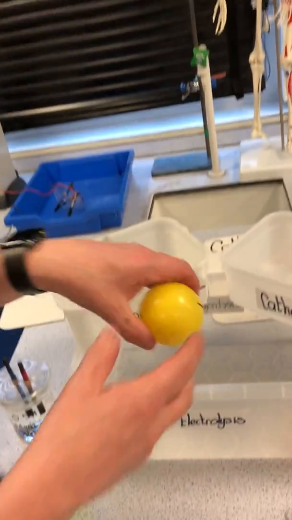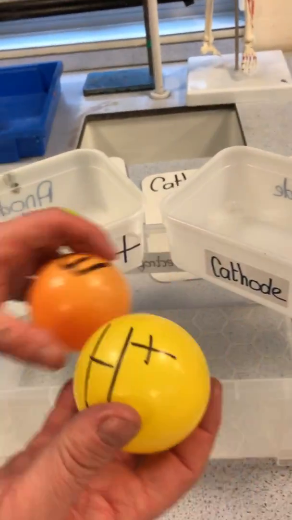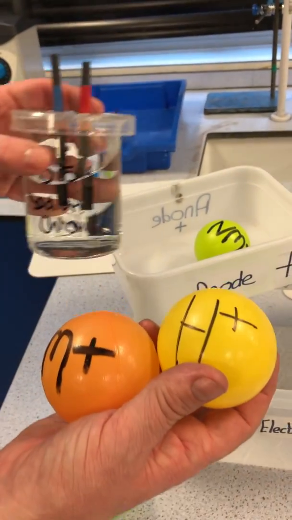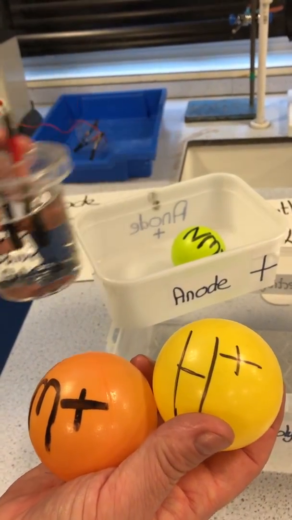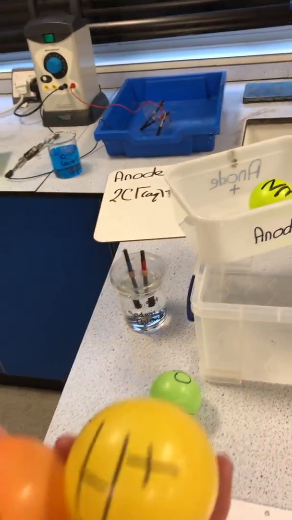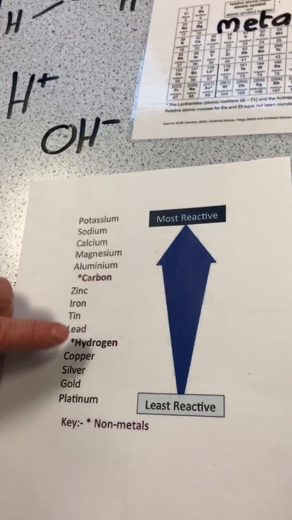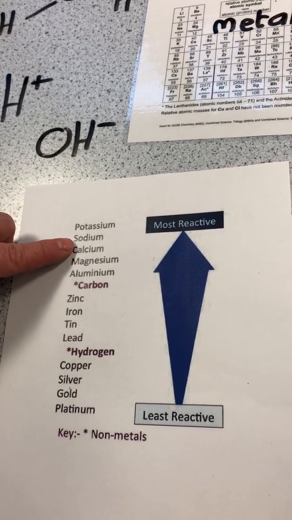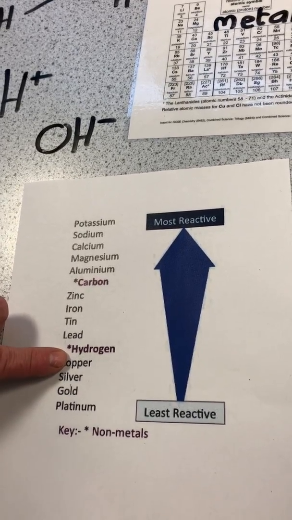Now, the options we have for the cathode are the hydrogen ion and the metal ion. The metal ion, as we saw earlier, is sodium. So sodium, if we look at the reactivity series, sodium is above hydrogen. And if it's above hydrogen, you don't get the metal, you get hydrogen instead.